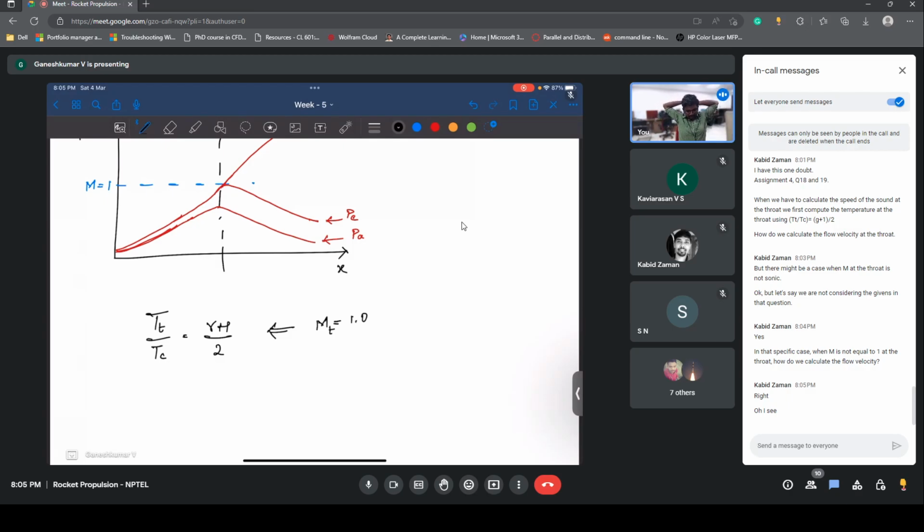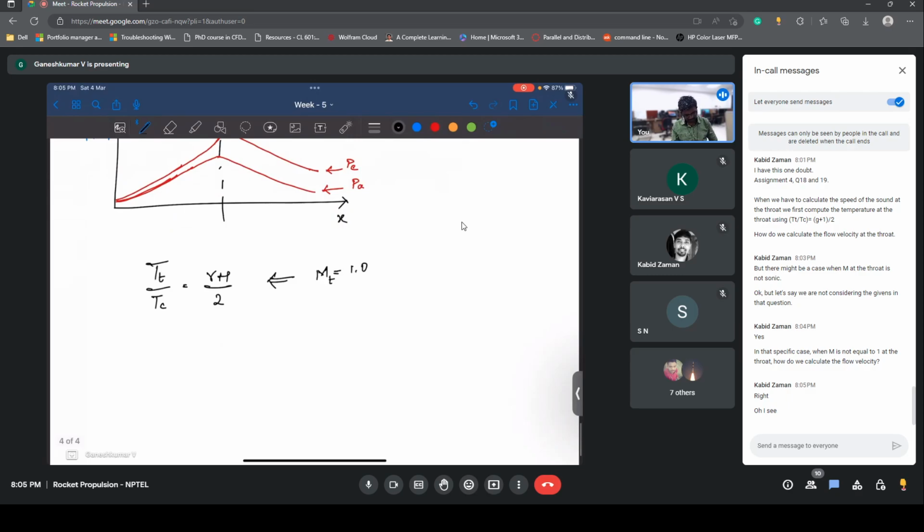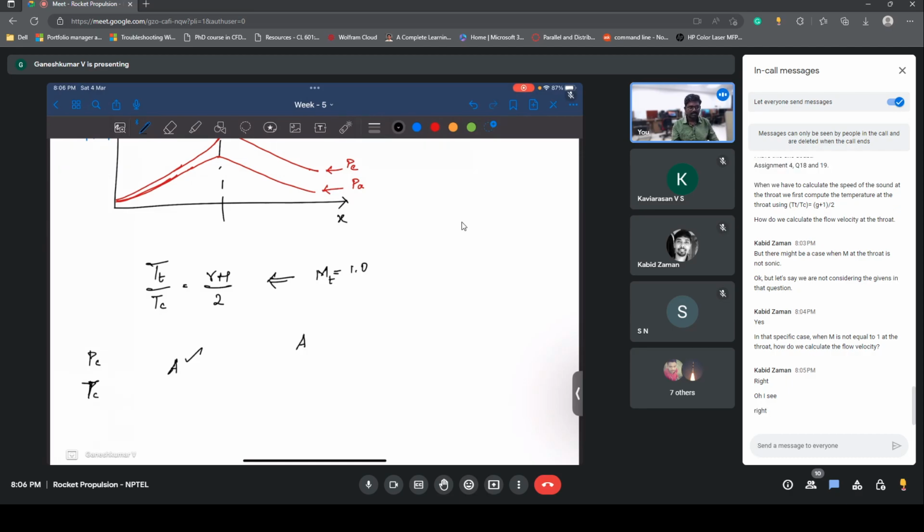Now if you do not have Mach number equal to 1, you have some other Mach number, right? Let's say you are given chamber pressure and chamber temperature, and you are given the area, right? With the area, you know A, and there is a relation, the area versus Mach relation.